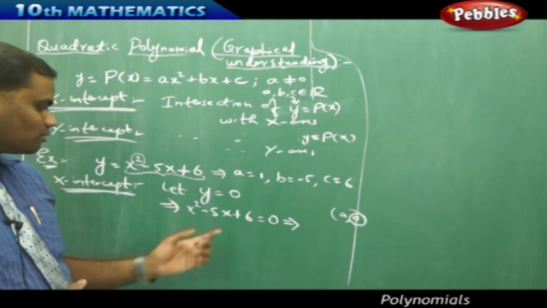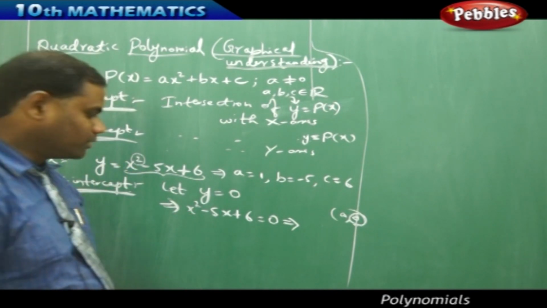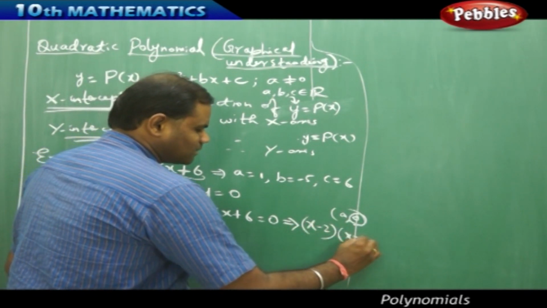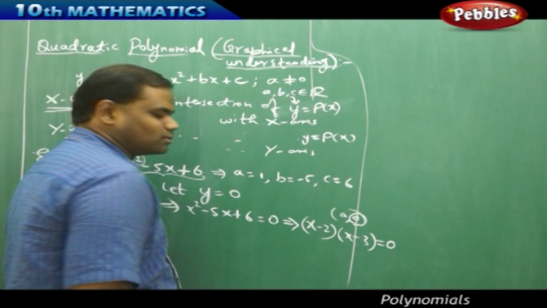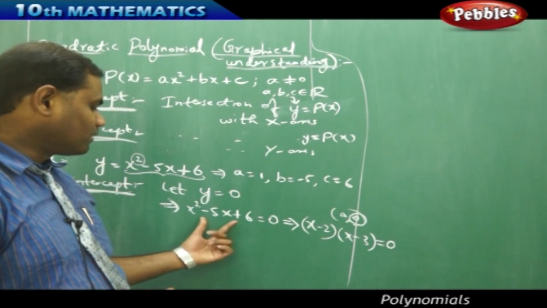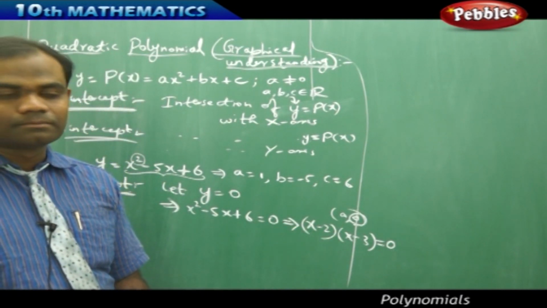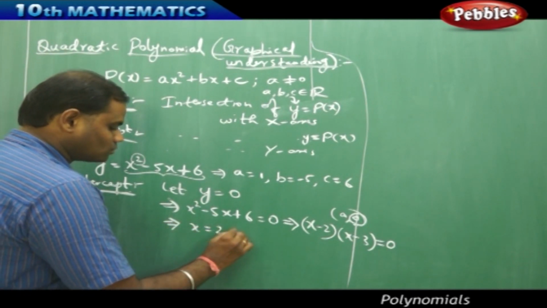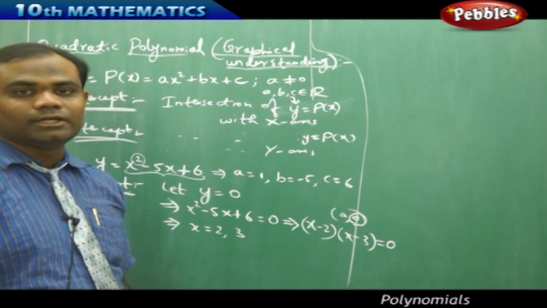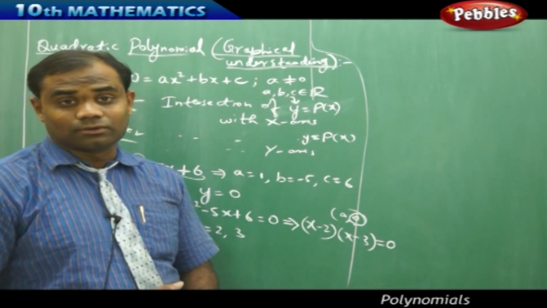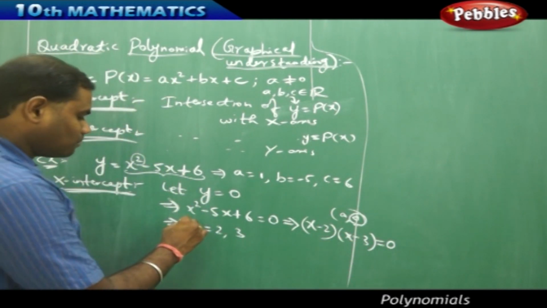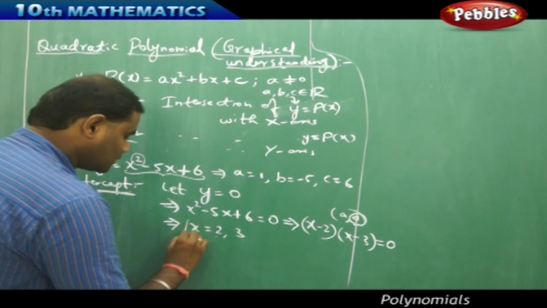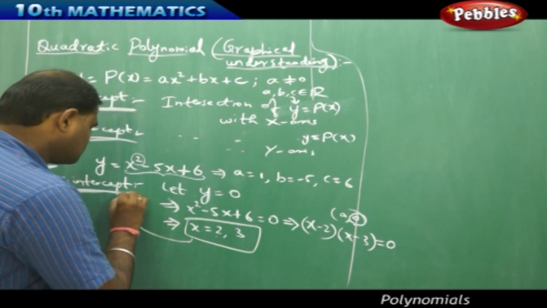To obtain the zeros, first I factorize this quadratic equation, where I get the factors x minus 2 times x minus 3 equals 0. Then finally I get the values of x, which are 2 and 3. When each of the factors is individually equated to 0, I get the zeros of the polynomial to be 2 and 3. And these are nothing but the x-intercepts.